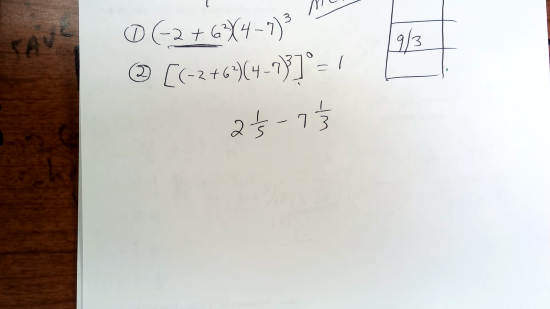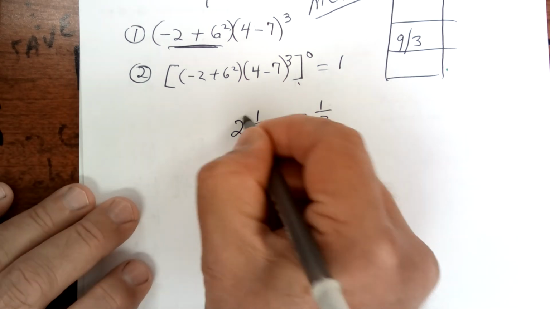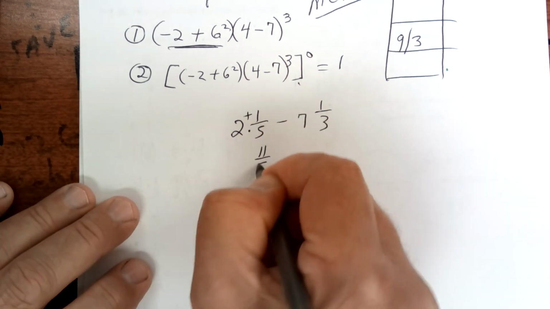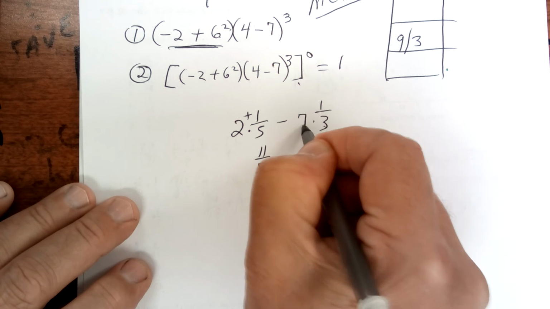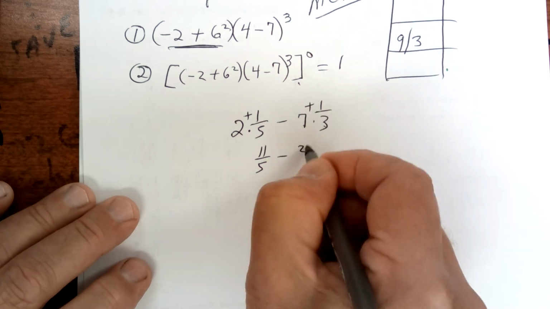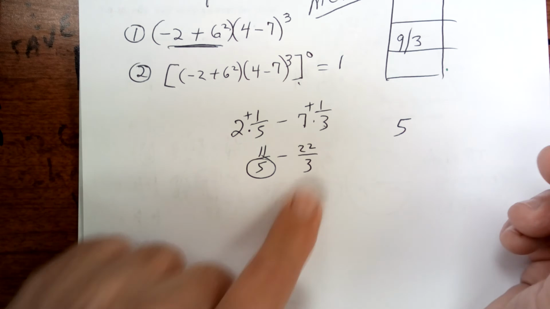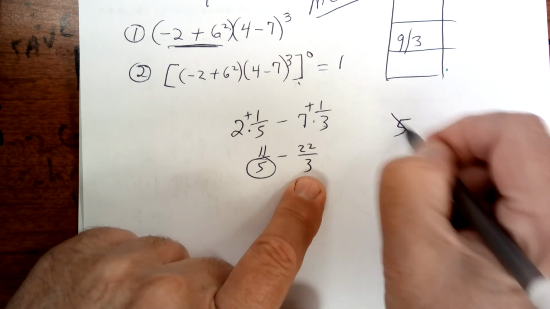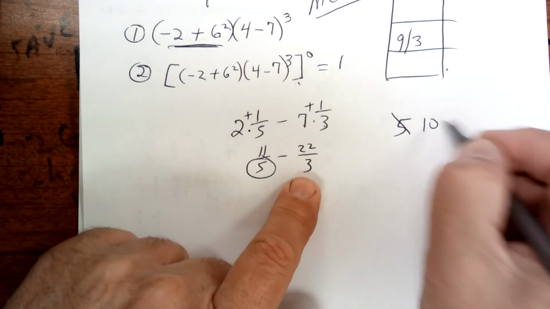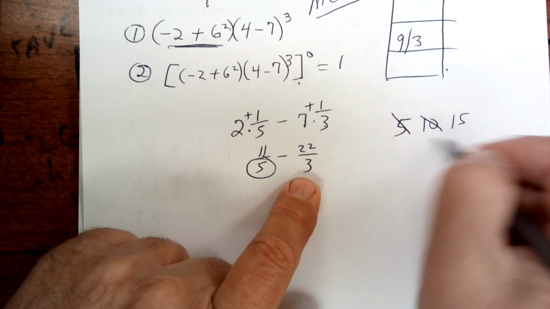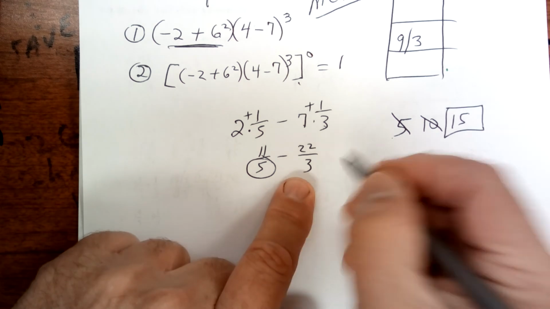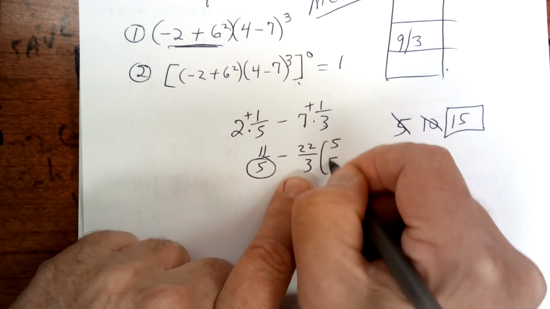I would go ahead and multiply 10, 11 over 5 minus 21 plus 1 is 22 over 3. Take the biggest number, which is 5. Does 3 go into 5? No. Double it. Does 3 go into 10? No. 5, 10, 15. Does 3 go into 15? Yes. So you're going to multiply this one by 5 to get a 15 down here.